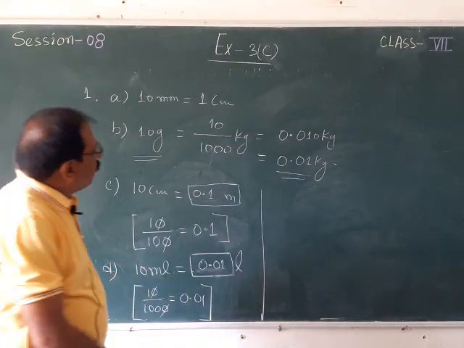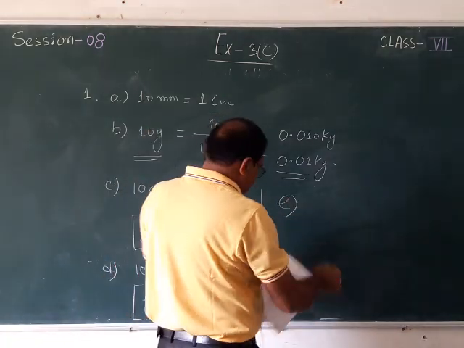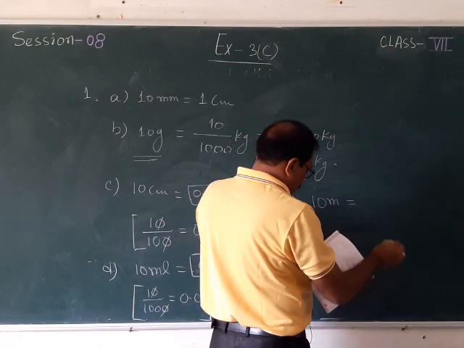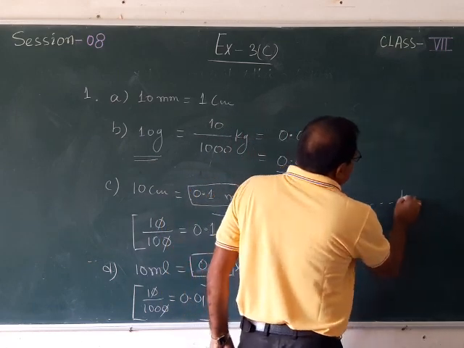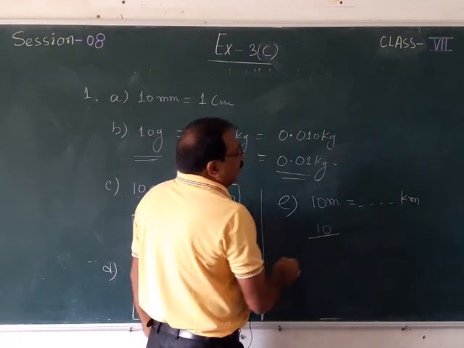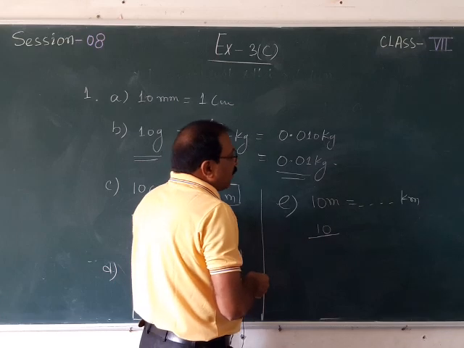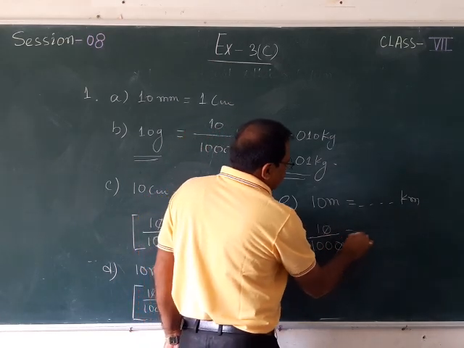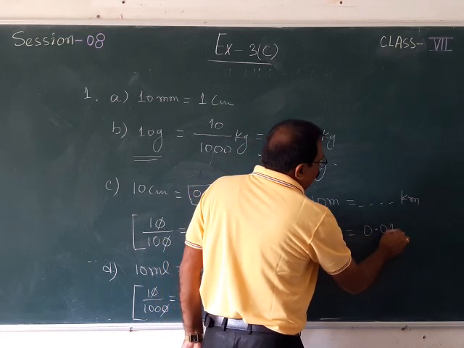Now one more question, E number. In E you can see it is written 10 meter equals how much kilometer? So you want to change meter into kilometer. What will you do? You know that 1 kilometer means 1000 meter. So 10 divided by 1000, the answer will be 0.01.